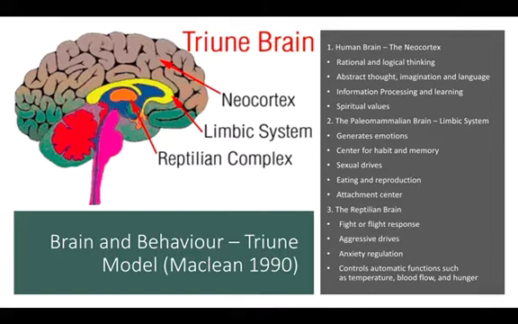First there's the reptilian complex, or the reptilian brain. This is the fight and flight part of the brain. It's the most primitive, the oldest part of the brain, that is there in all animals, including reptiles. This part of the brain is responsible for fight and flight, aggressive drives, anxiety regulation, and automatic functions such as temperature, blood flow, and hunger.